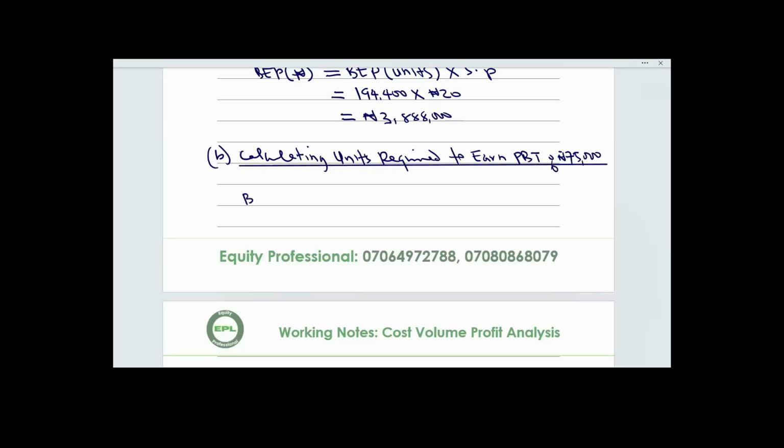So I would then say break-even point in units equal to fixed cost plus targeted profit before tax, over, because the examiner wants me to calculate units, therefore divided by contribution per unit.